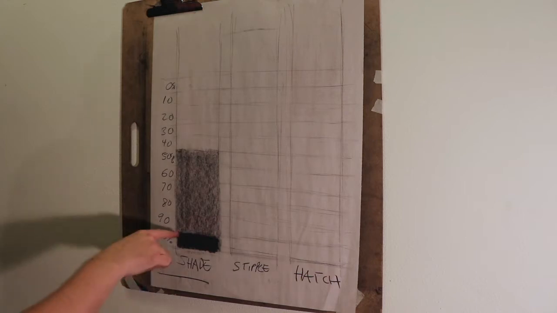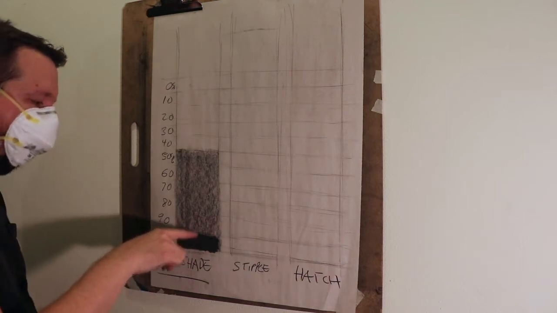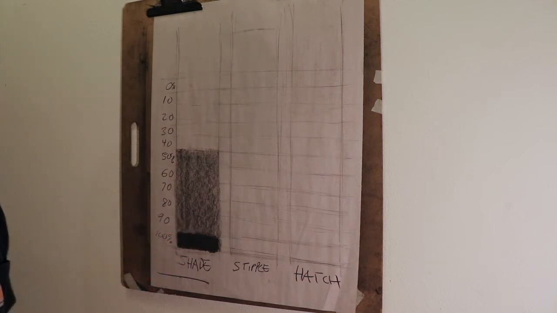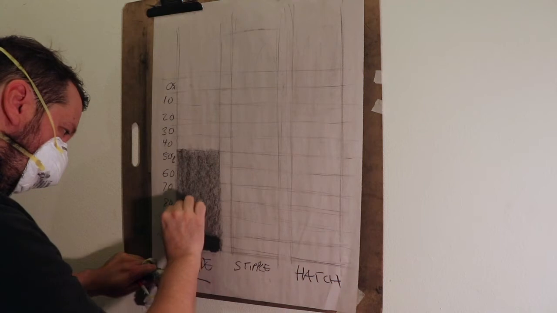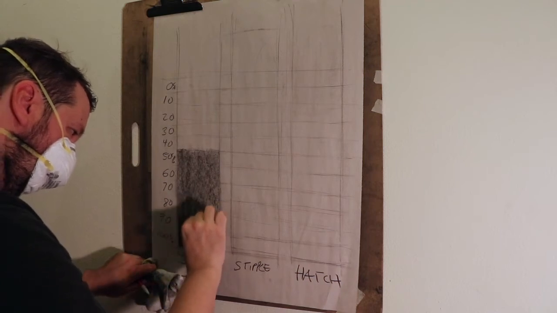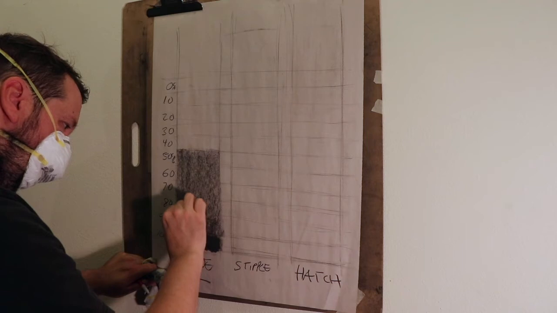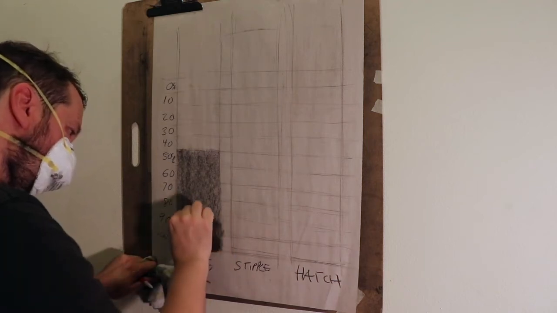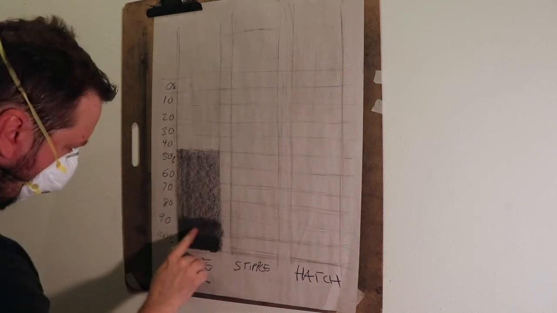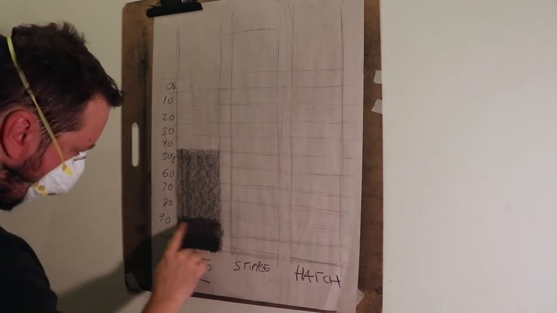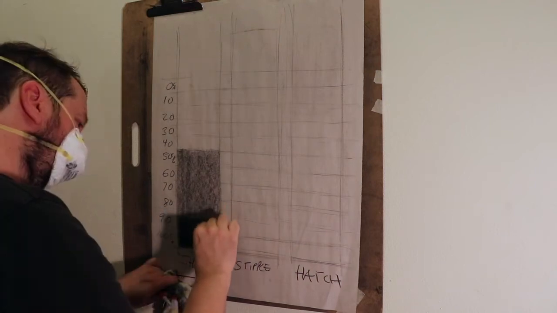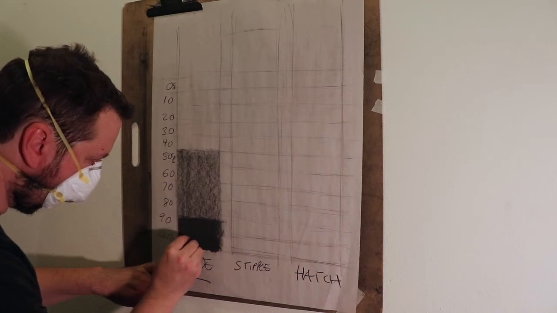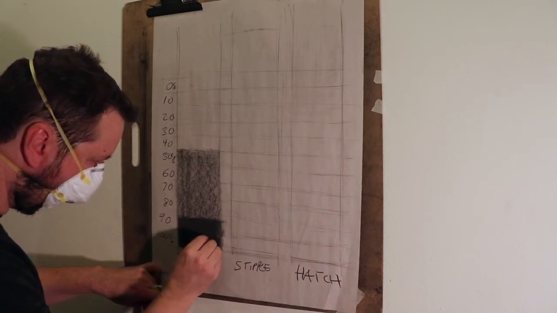So now, going up from 100, I need this to be a 10% jump lighter. So it has to be just barely lighter than the 100%. Should be a very subtle jump, 10%, right?